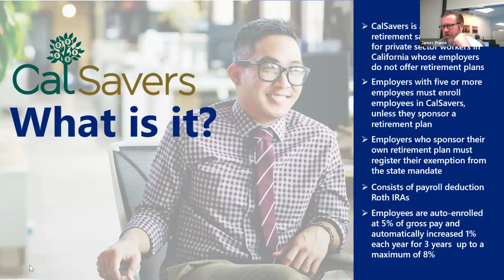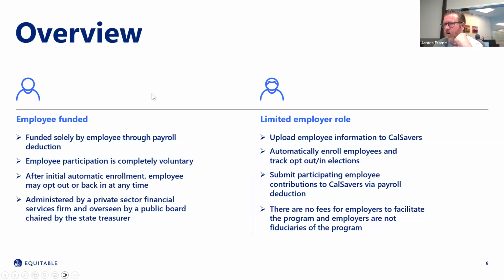All right, so let's get into the overview. This is another benefit of CalSavers. It's going to be just simplicity. So let's get into the employee funded aspect of it.